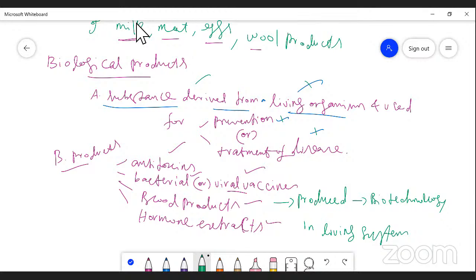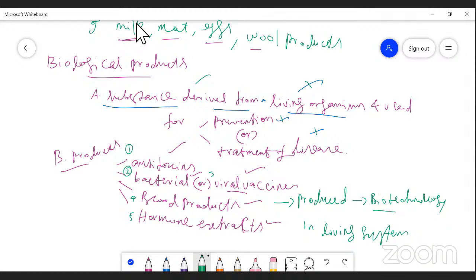Some of the biological products: one is antitoxin, second is bacterial vaccine, third viral vaccine, fourth blood product, fifth hormone extract. These are all biological products, produced through the field of biotechnology.